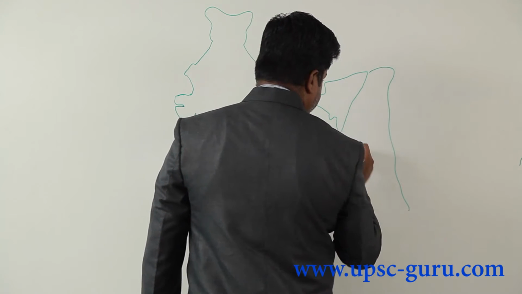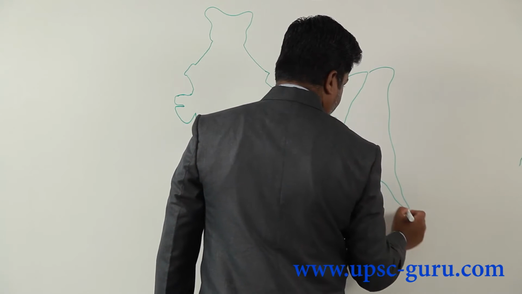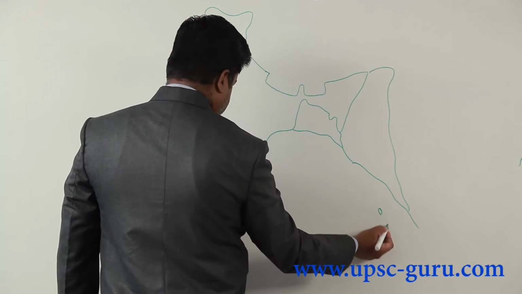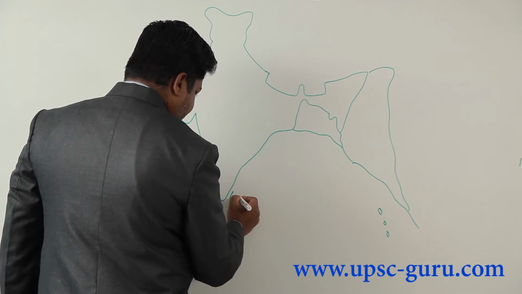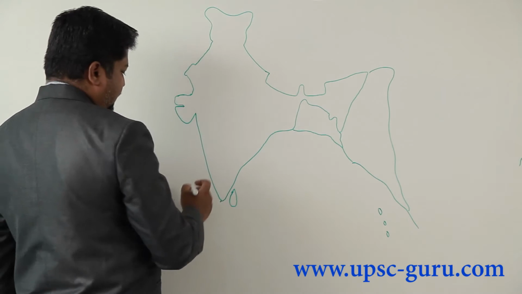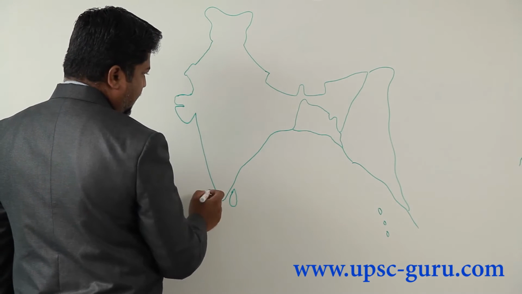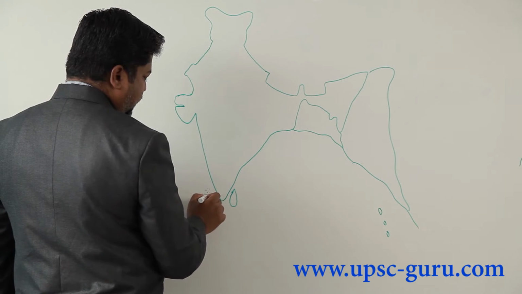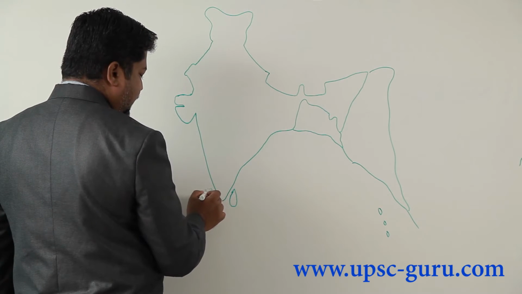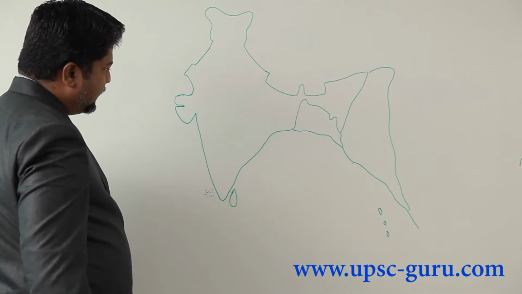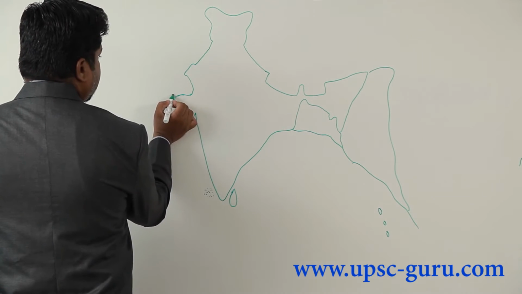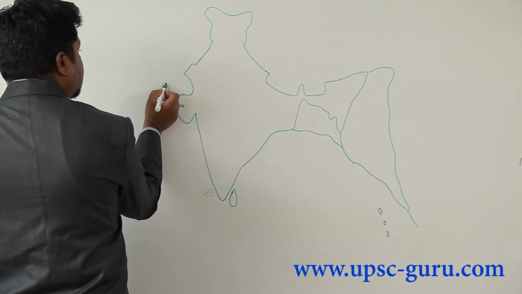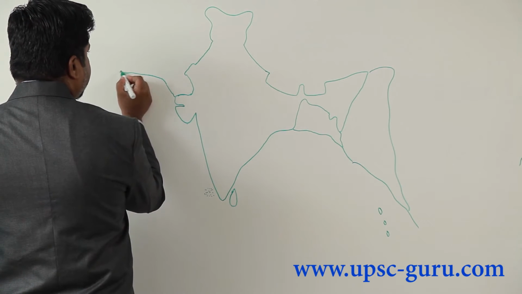Then Myanmar. Important for us is the Andaman and Nicobar Islands. Sri Lanka is obviously not part of India now; before 1935 it was part of India. Lakshadweep Islands, here Diu. Now the Sindh territory of Pakistan was once part of India only.